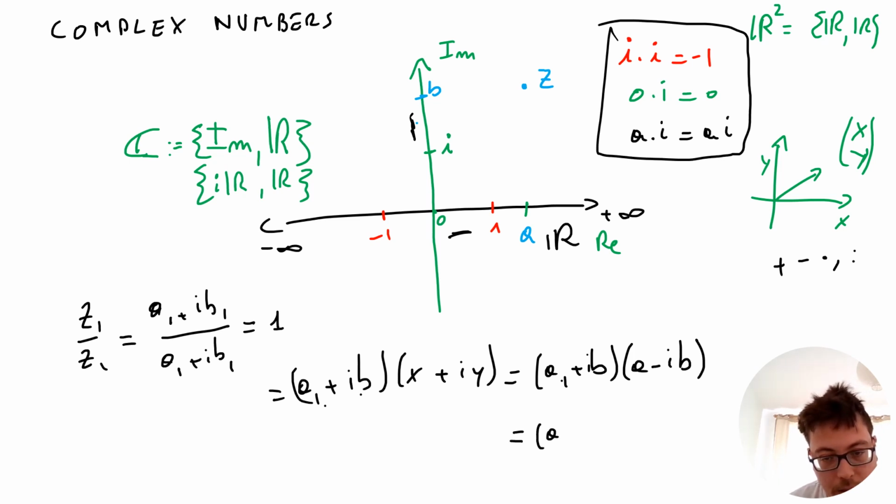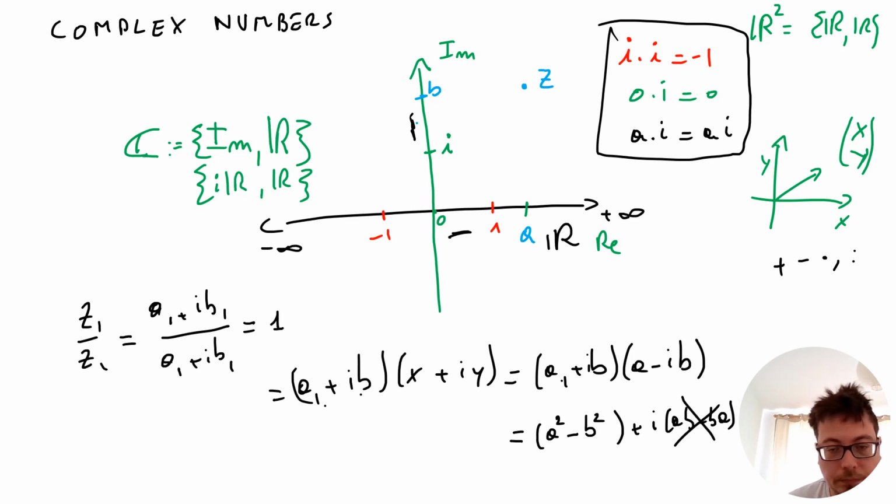We have a square minus b square plus a ib minus b a, which is 0. So we are getting there. This must be 1. Oh no, this is plus, sorry, because minus i times i is equal to minus 1, minus minus 1, so 1. So remember this. So this is a square plus b square.